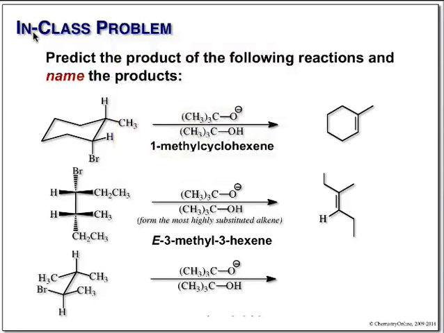But you know, that doesn't really matter because we don't have chiral centers on both carbons. These are 2 methyl groups. So we're not going to have a cis-trans stereochemistry. Therefore, all we have to do is eliminate HBr, make a double bond, and it looks like that.